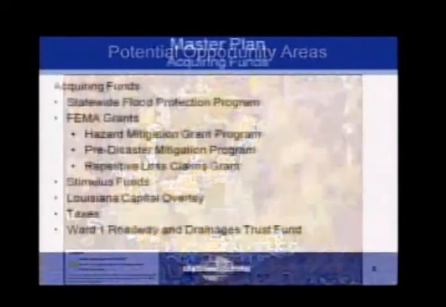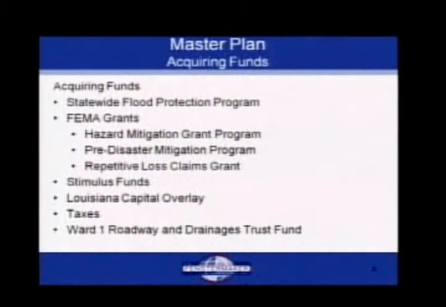Next, please. One of the important components provided in that document is listing some of the potential sources of funds for us to look for, so that we can implement some of these recommendations. The statewide flood protection program is a program that we are very familiar with. Although it does take some time, if you apply for that, it takes some time to get the actual funding.